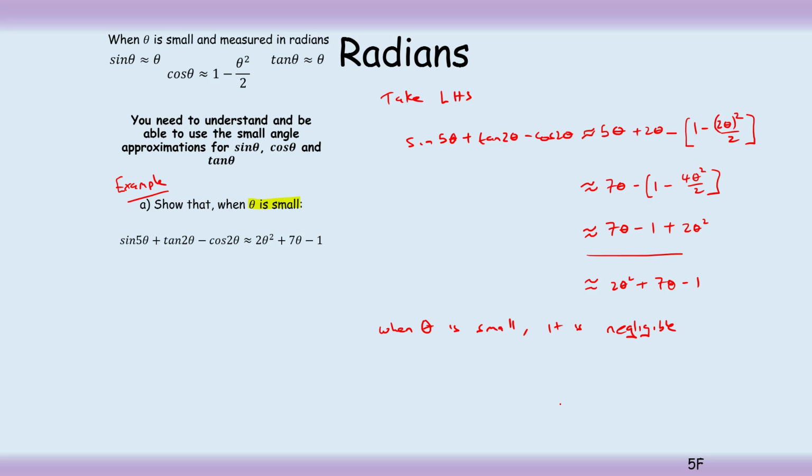N-E-G-L-I-G-I-B-L-E. So as it's negligible, we can say that sine 5 theta plus tan 2 theta minus cos 2 theta is approximately equal to, and because it's negligible I can ignore 2 theta squared, ignore the 7 theta, anything with theta in, it's approximately equal to minus 1.